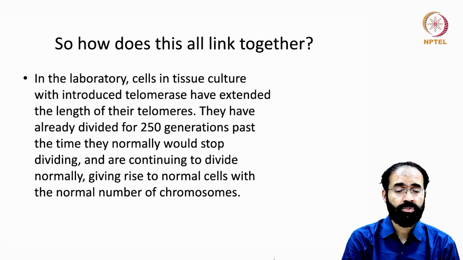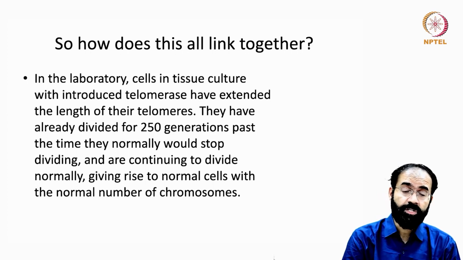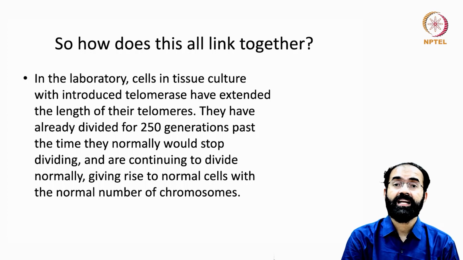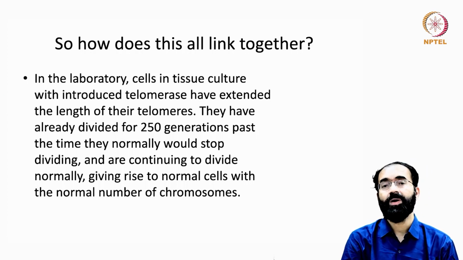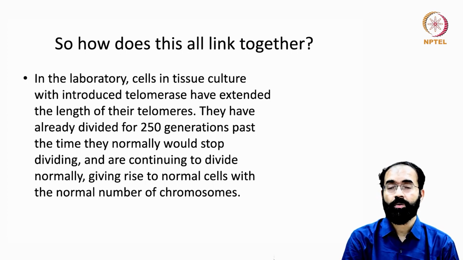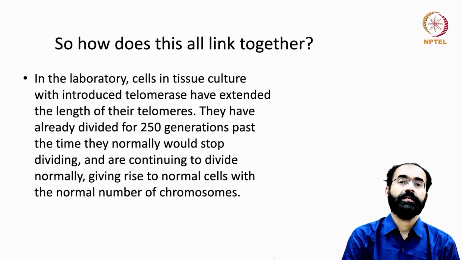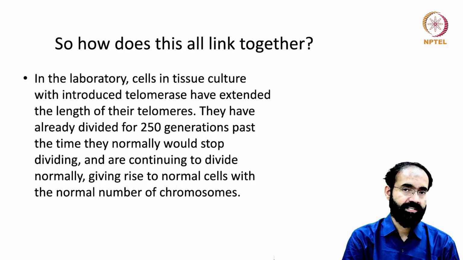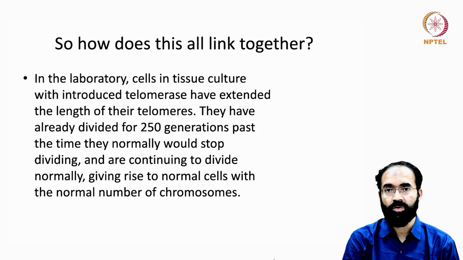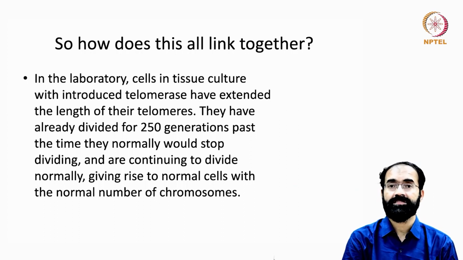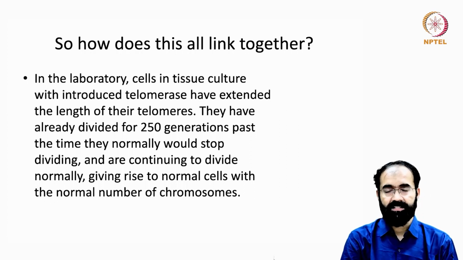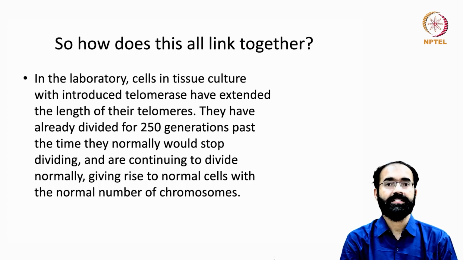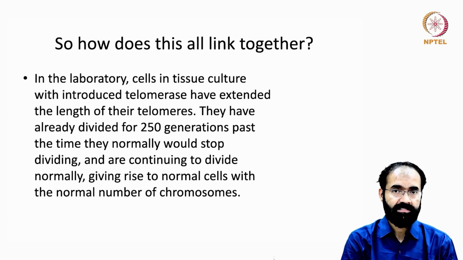They continue to divide normally, giving rise to normal cells with a normal number of chromosomes. So if you activate telomerase in a normal cell, you can culture them indefinitely in a petri dish without any phenotypes of cancer. So telomerase does not cause cancer, but telomerase is a utilized advantage or feature in cancerous tissue, because that is a requirement. It's an added advantage the cancer cells have.